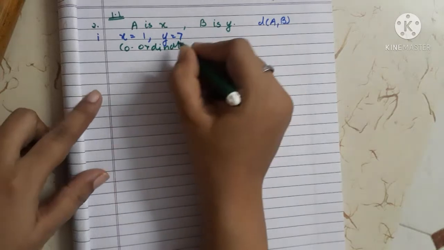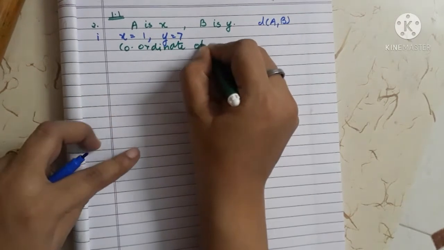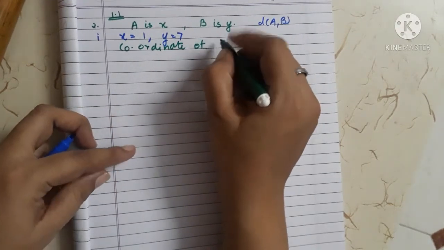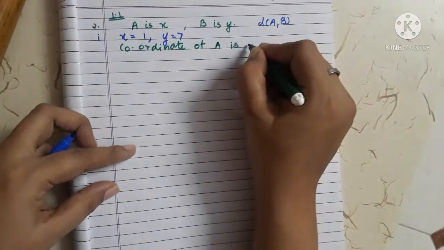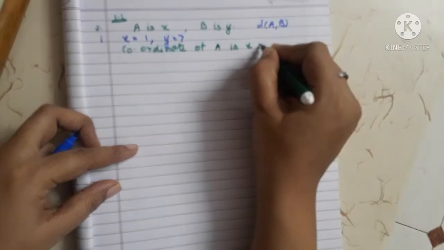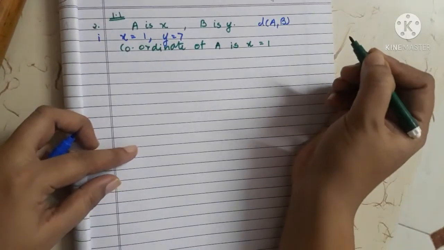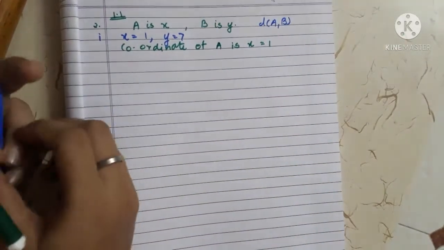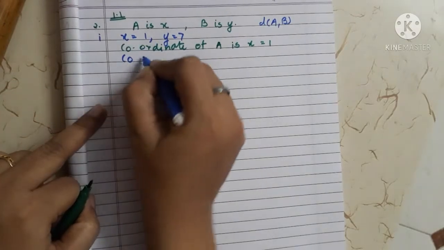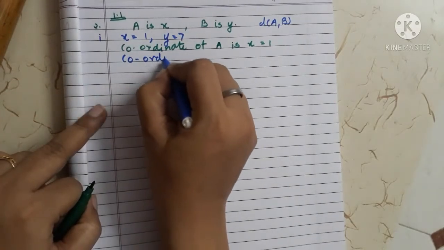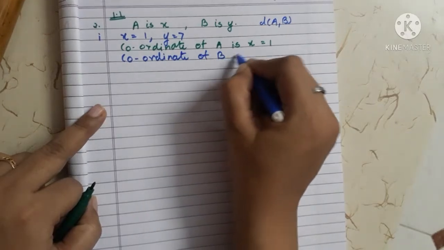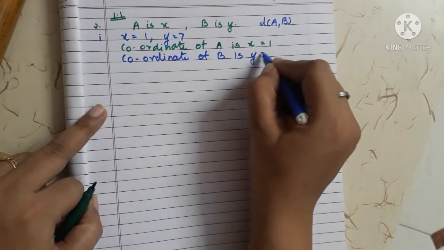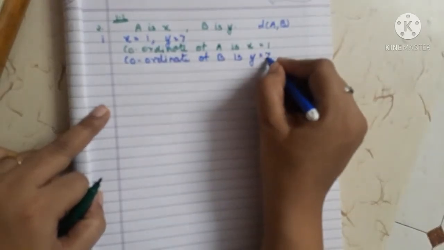Coordinate of A is x, that is equal to 1. Coordinate of B is y, that is given as 7.